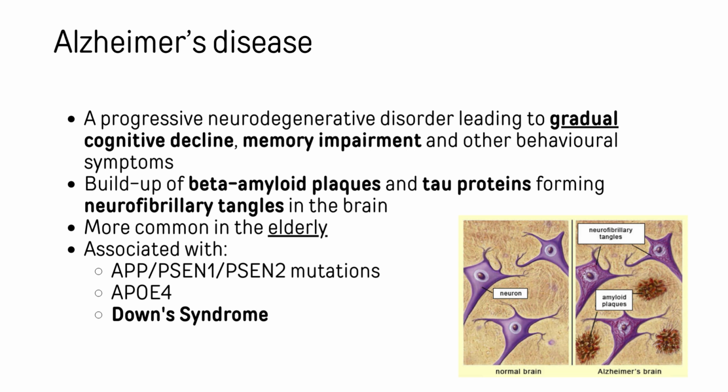Another genetic risk factor you need to be aware of is the APOE4 gene, which encodes cholesterol transport proteins, and that can potentially contribute to the buildup of beta amyloid plaques due to it causing a less effective breakdown of the beta amyloid plaques. And all of this can contribute towards Down syndrome.